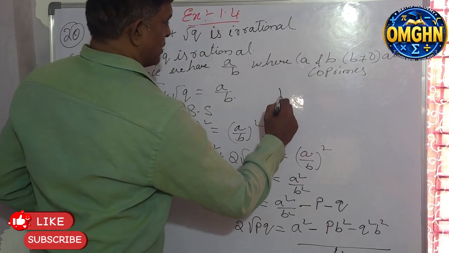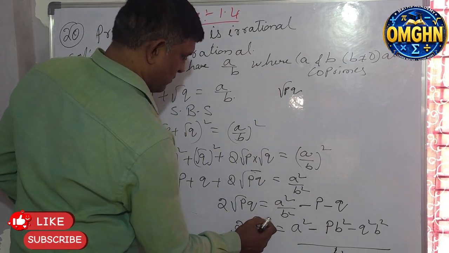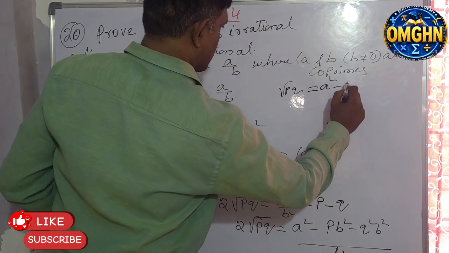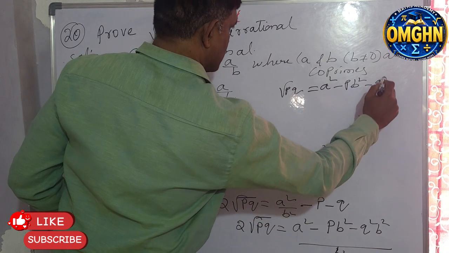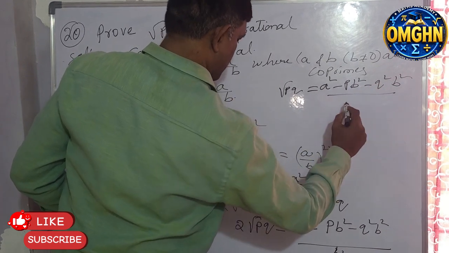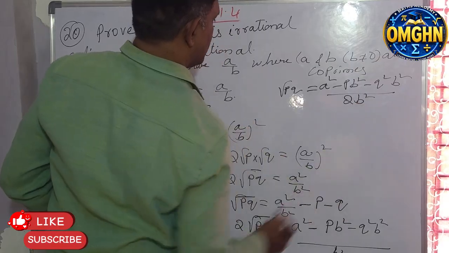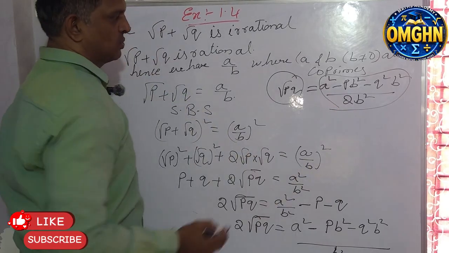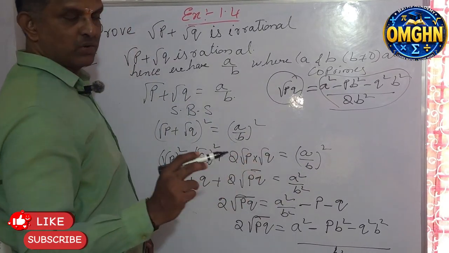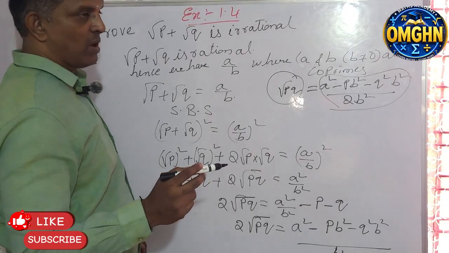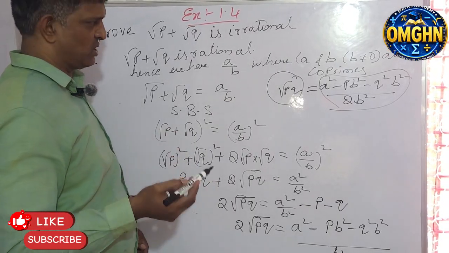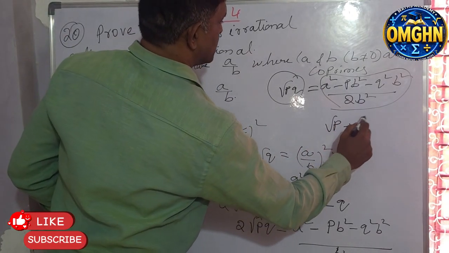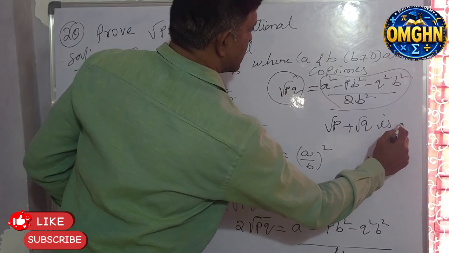Now root p root q equal to a square minus b square by 2b square. Here this is an irrational number and this is a rational number. So an irrational number is not equal to a rational number. So our assumption is wrong, that is contradicted. So root p plus root q is an irrational number.